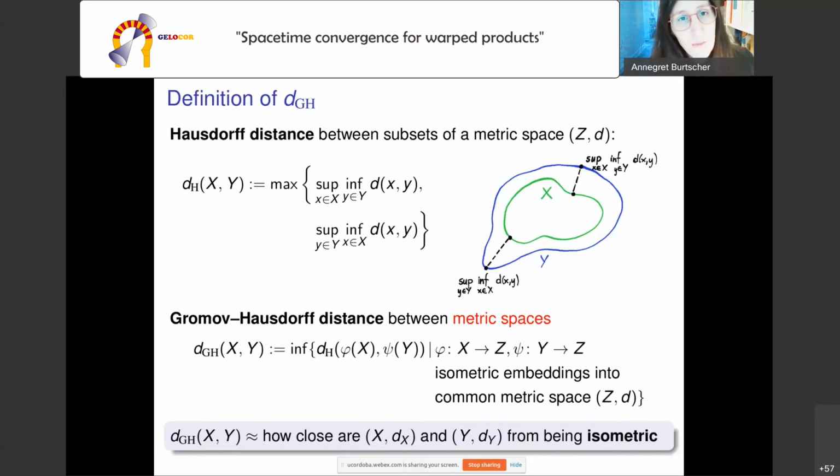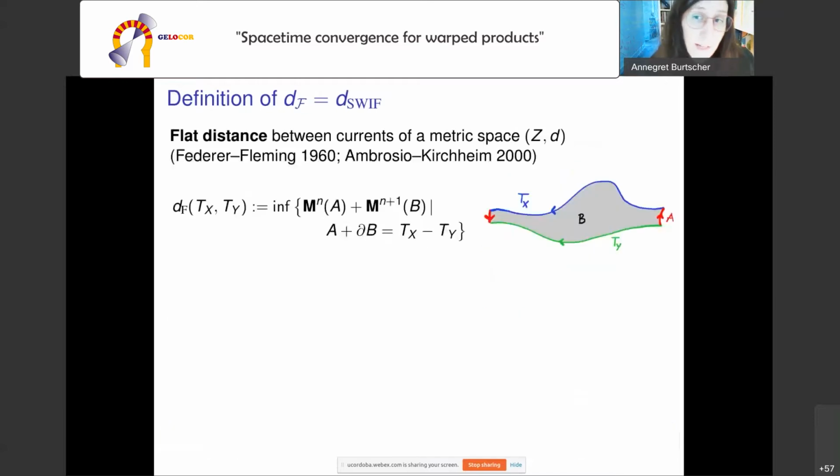And the intrinsic flat distance is very much in the same way, but it adds a little bit more to that. We also need a current. Initially, this was done in Euclidean space, and later on it was translated to complete metric spaces by Ambrosio and Kirchheim.